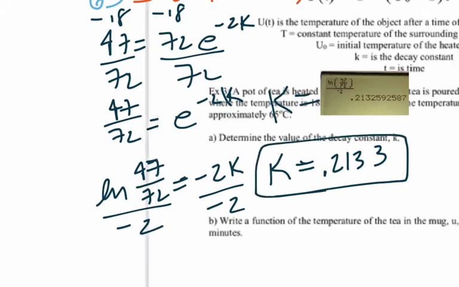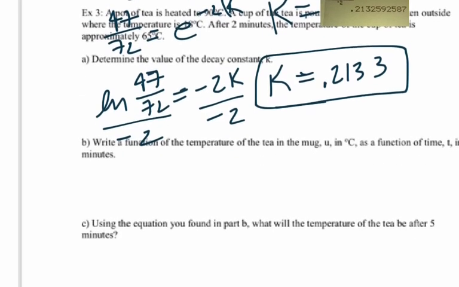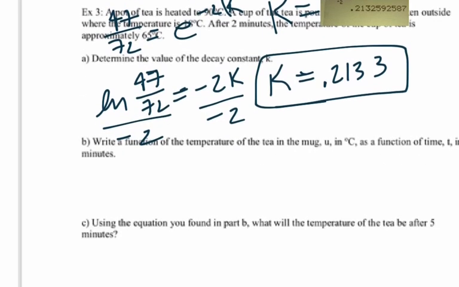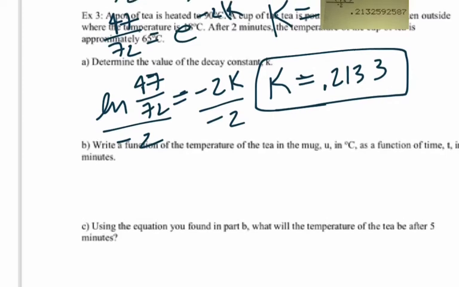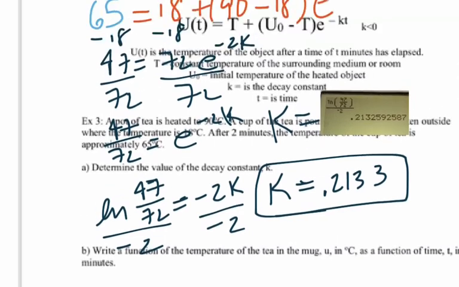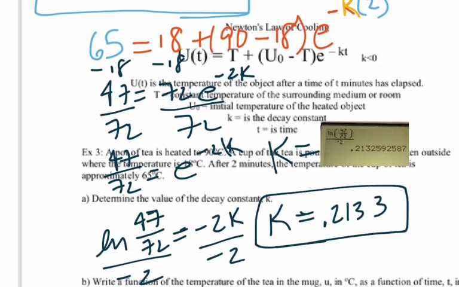Now, the next part of this question, I'm going to push it up a little bit. It says, write a function of the temperature of the tea in the mug, U, in degrees Celsius as a function of time in minutes. So we want to go back to this original formula.